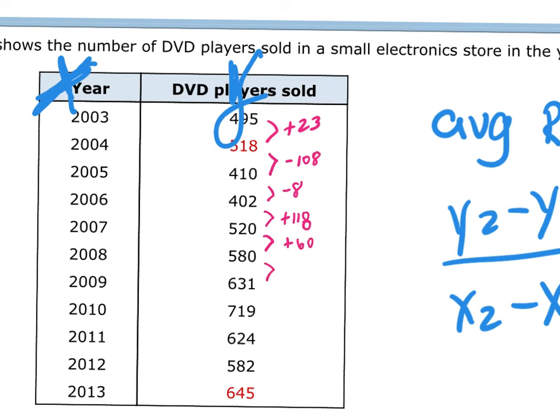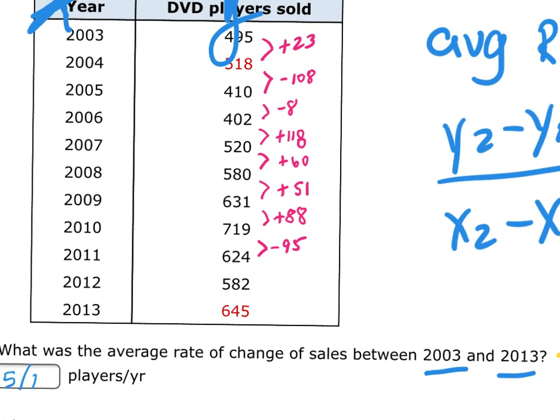From 631 minus 580, it went up 51. 719 minus 631, it went up 88. 624 minus 719, went down 95. 582 minus 624, it went down 42. And then 645 minus 582, it went up 63.